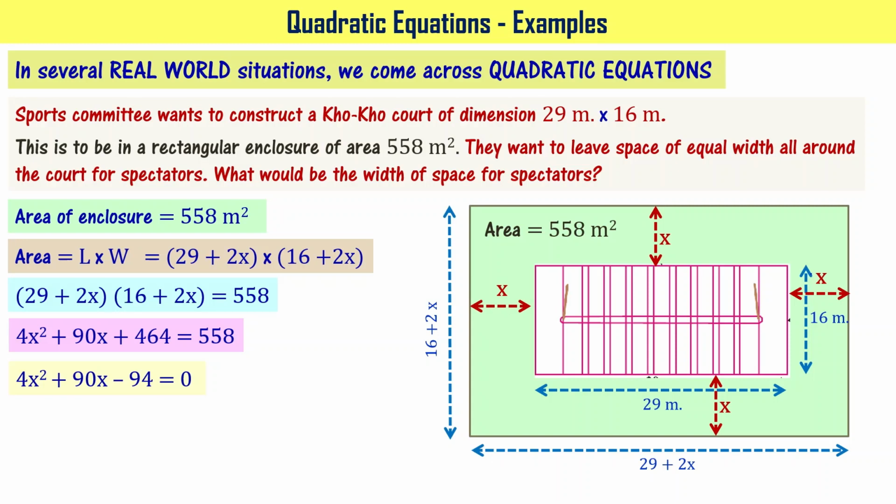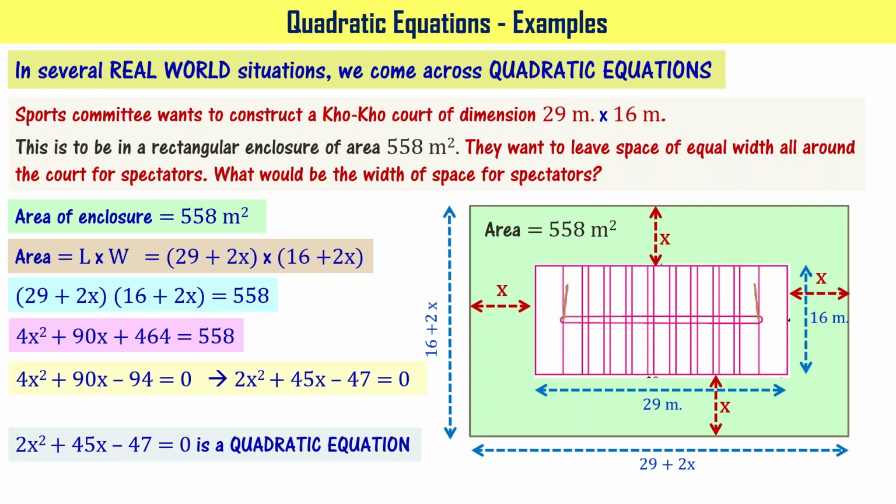You can take 2 as the common factor out so that it can be written as 2x² + 45x - 47 = 0. This is a quadratic equation. Please take a note of this. When you solve this particular equation, you will get the value of x. That is the width of the space of equal width all around the court for the spectators, right?